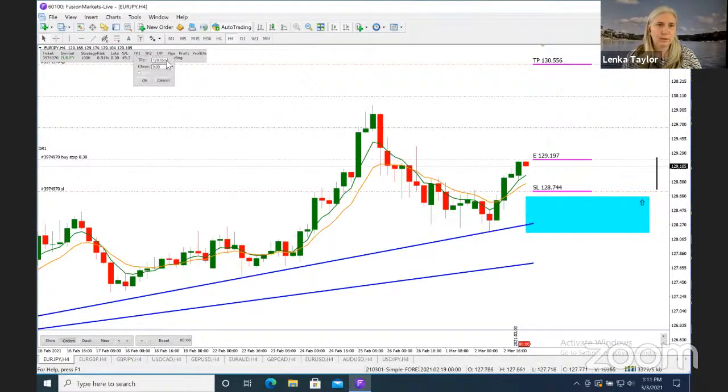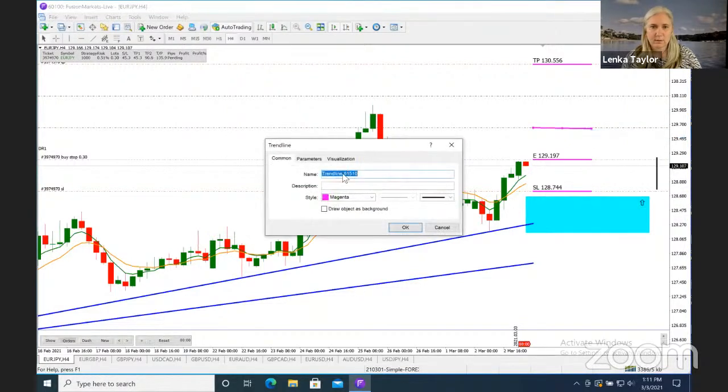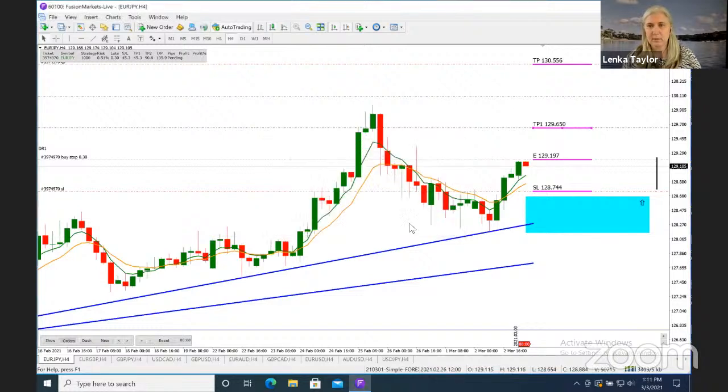So I will take the levels from here and just replicate them onto the lines. So that's TP1. There we go.